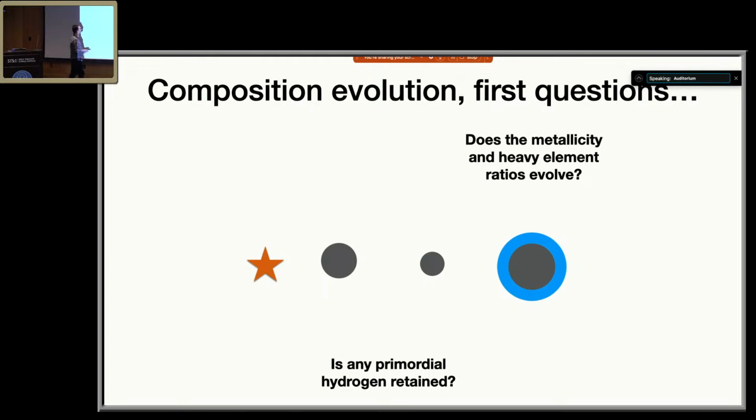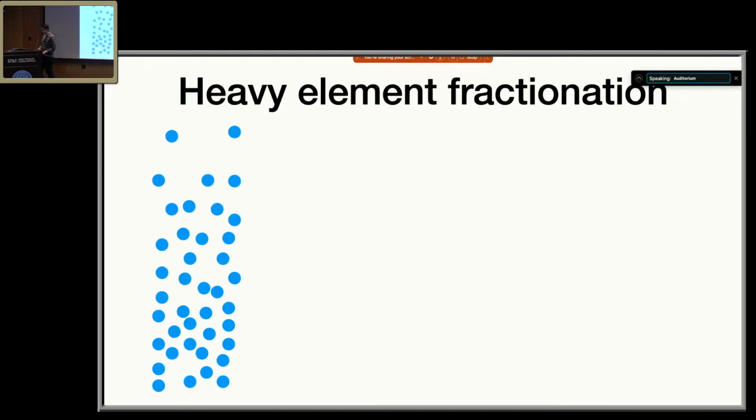Right, and you can ask sort of very simple questions. Does the metallicity and heavy element ratios in planets that retain their atmospheres evolve? And can we retain any small amount of hydrogen in these terrestrial analogs?